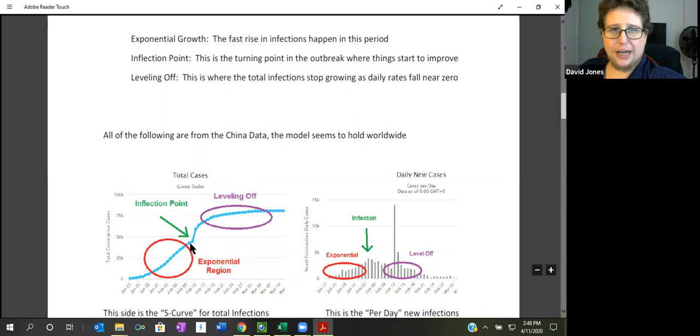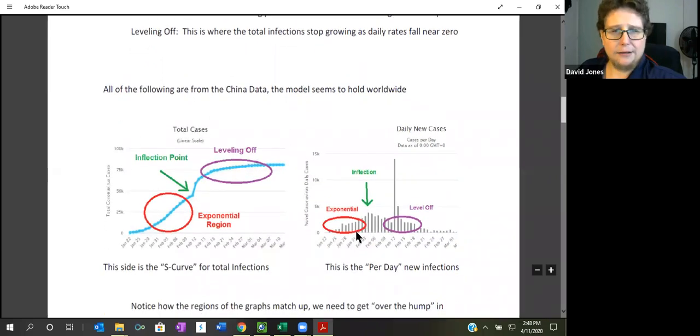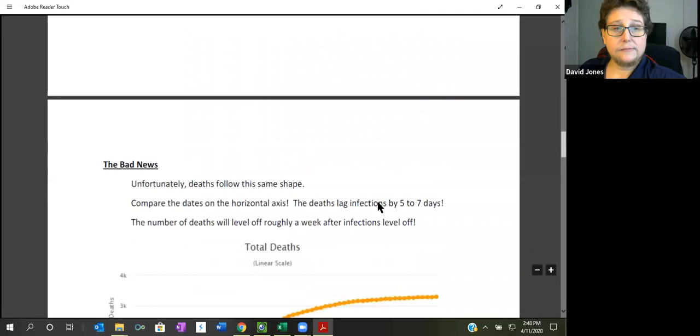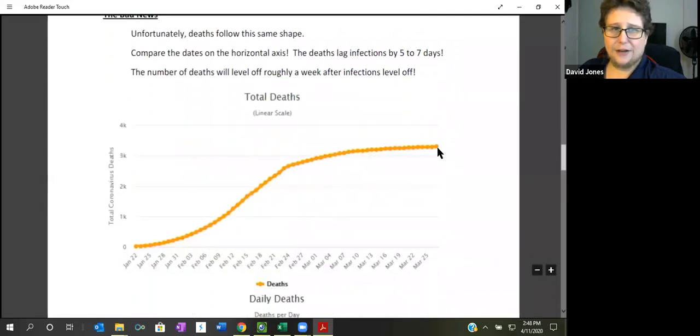It's where the graph changes. It's been a big word in the news lately. But the real way of looking at it is the number of daily new cases or daily new deaths. It's when that stops going up and starts generally going down. Deaths follow the same curve, though.